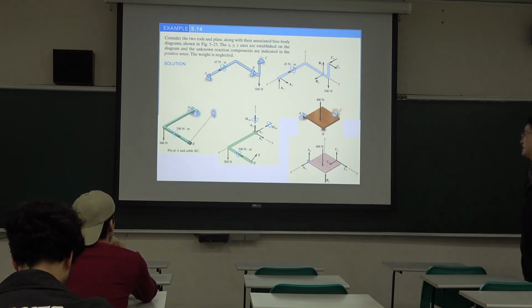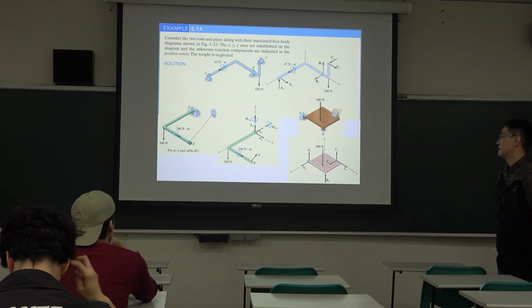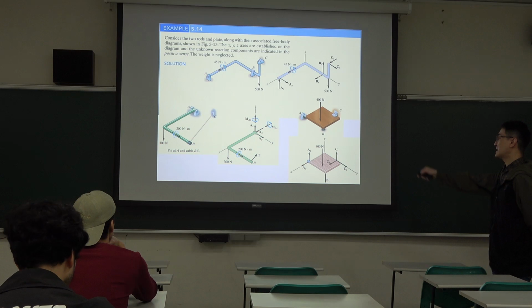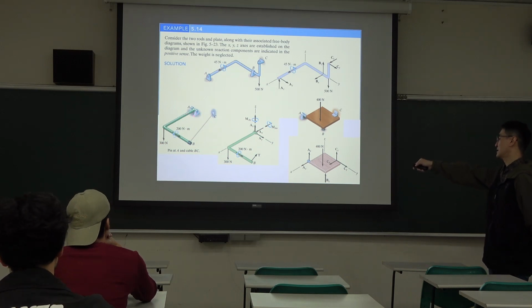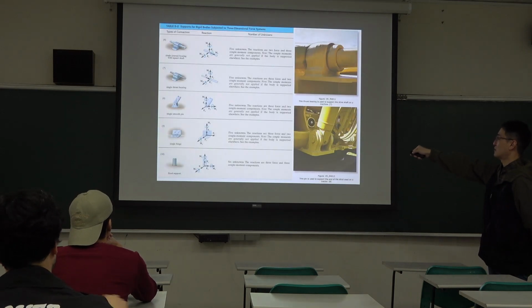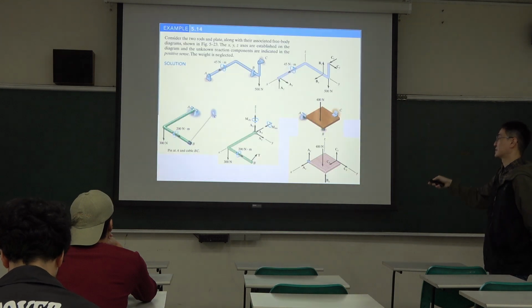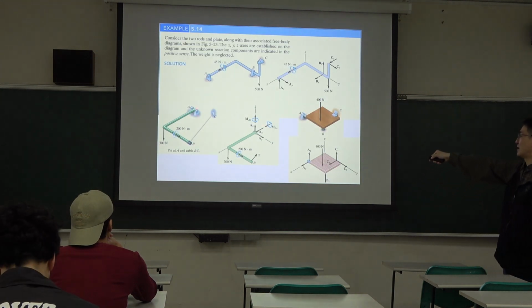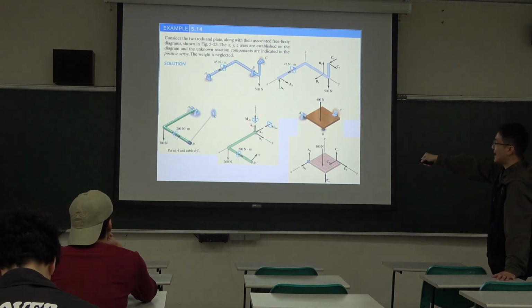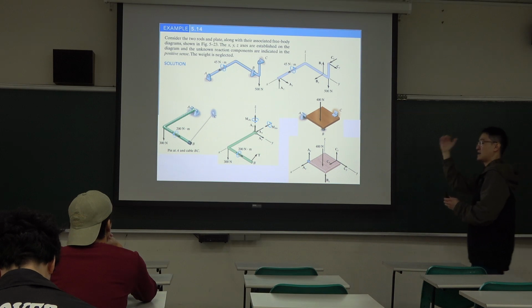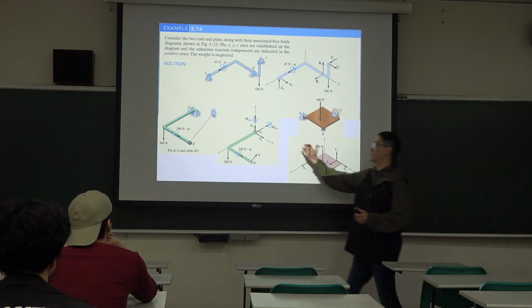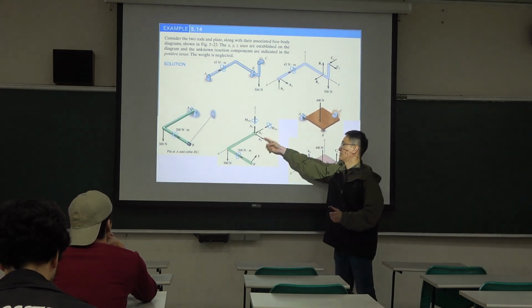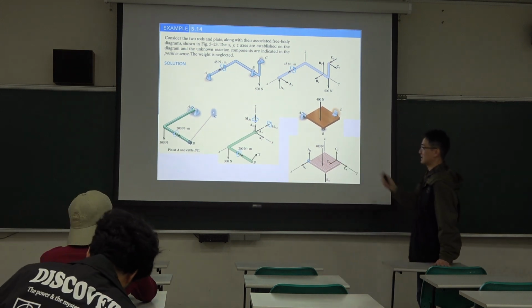Okay, then the bottom left. This is pin supported, so it looks like this. For this case, it can have 5 reactions, because for the Y axis bending moment there is no reaction, so we don't need to consider it.